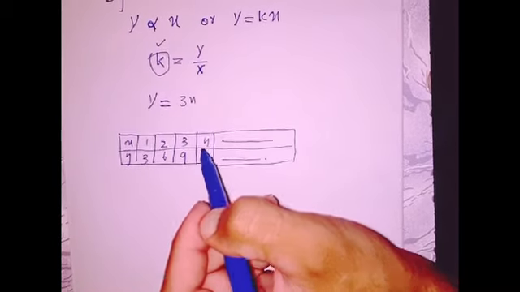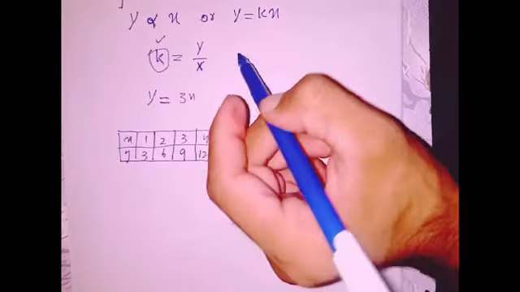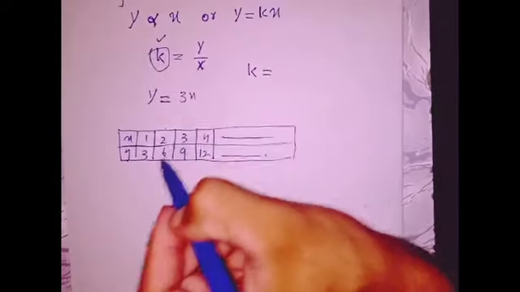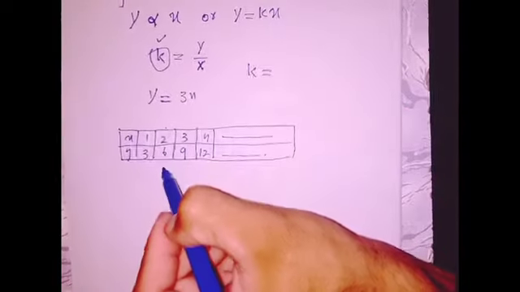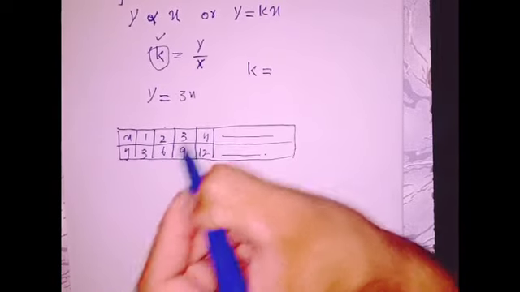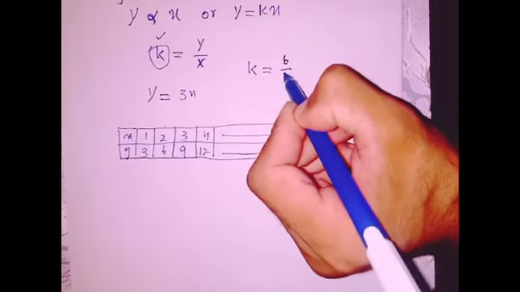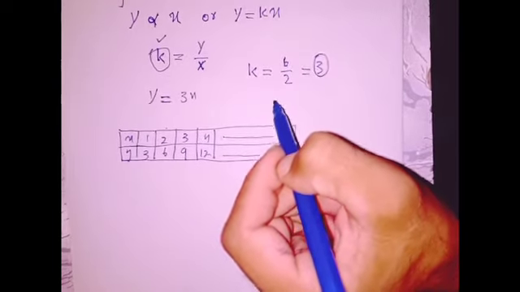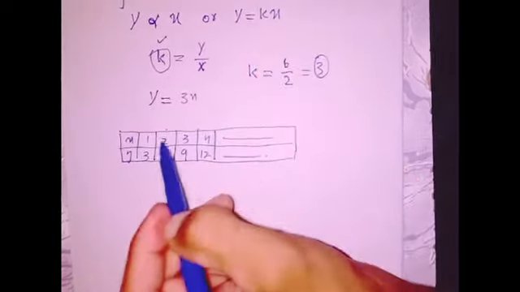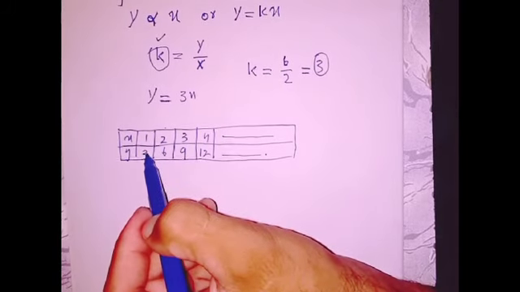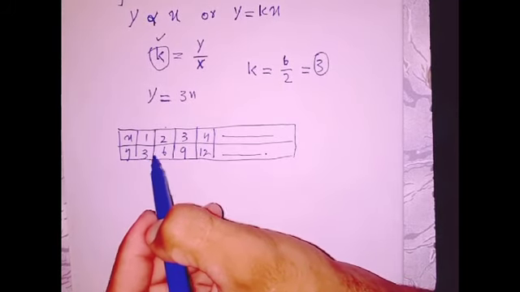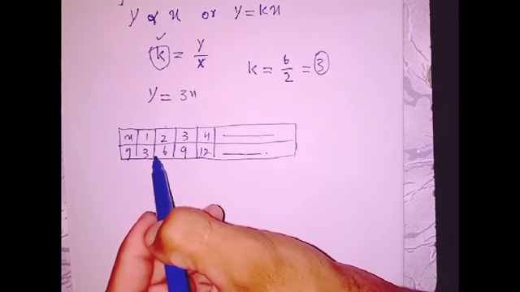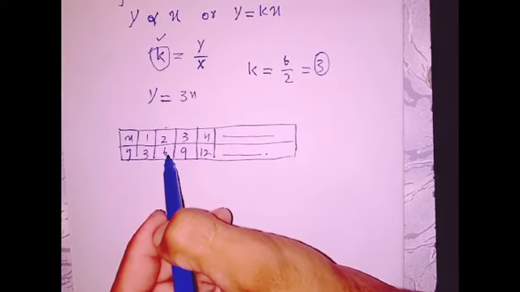Here if we find the value of k, we will take 2 and 6, and from here we write 6 divided by 2, so the value of k is 3, which is the same ratio. The values of y are changing with 3, the same ratio: 3 into 3 is 9, 3 into 6 is 18.